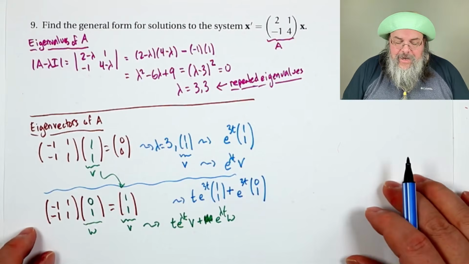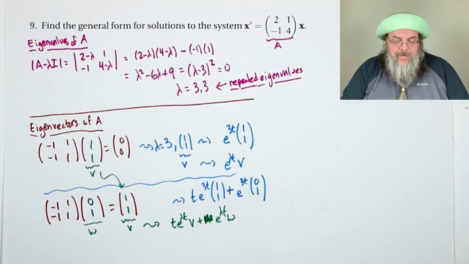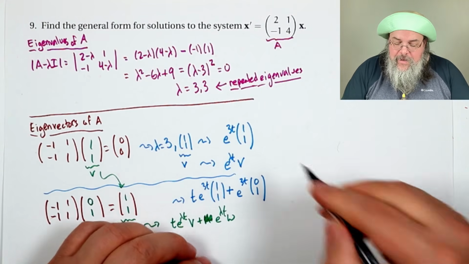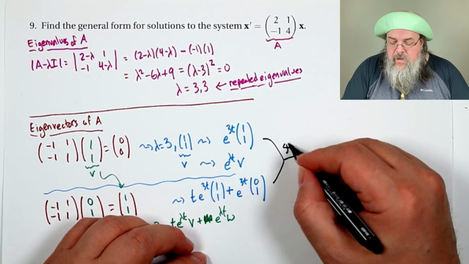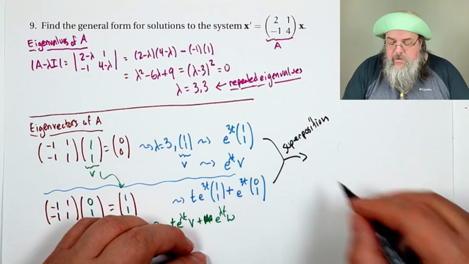So those are our two solutions. This is how you get solutions when you have repeated eigenvalues. Now we can put these together and do superposition. If we do all of that, we get the following.